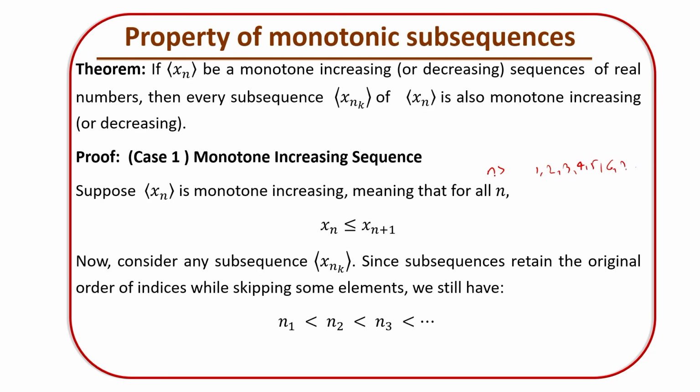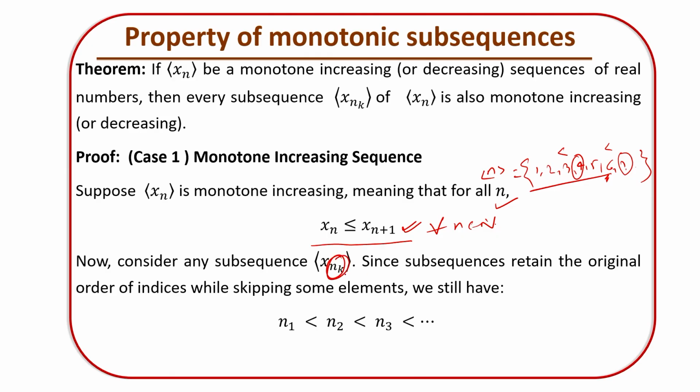Look at any term: 4 must be greater than 3, and 7 is greater than every preceding term, 6 and so on, down to 1, 2, 3. So xn is less than or equal to xn plus 1 for every natural number n. That is our definition. Now consider any subsequence xnk whose indices are nk.